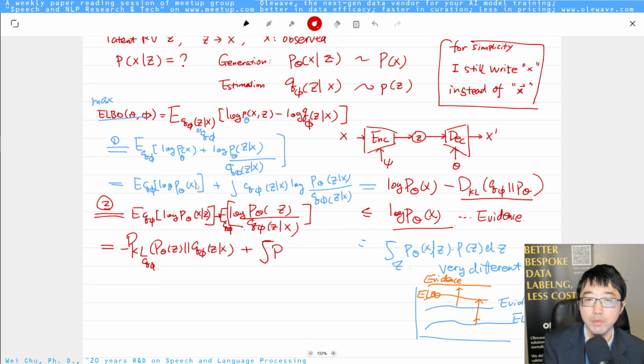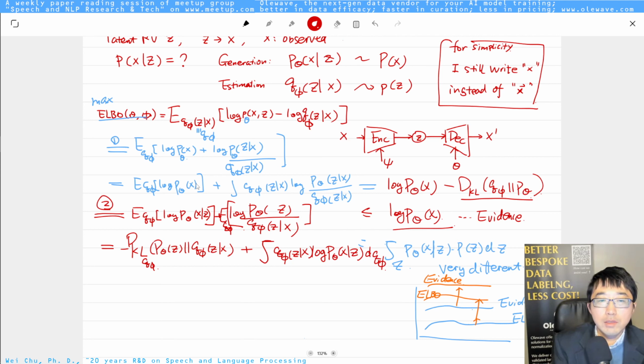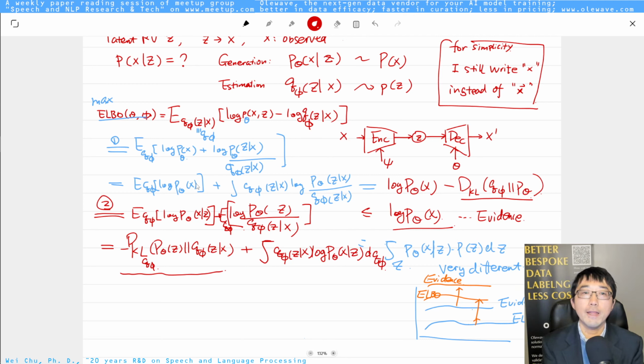Make you understand it better. Then you can see this is better. We don't use any backpropagation algorithm here, because you can see that this is KL divergence.